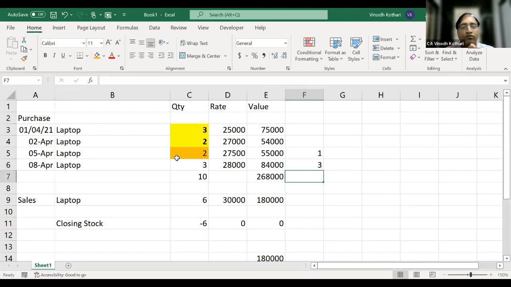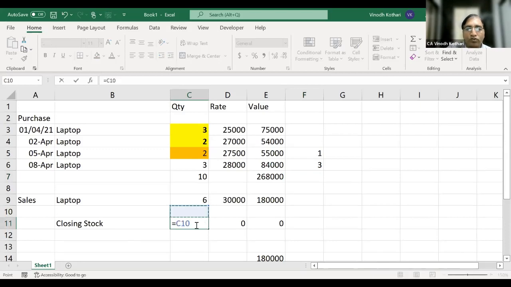So in effect, the first stock you purchased, you assume that it is sold. Then step by step you come down, and the balance stock is your stock in hand. And how do you calculate your closing stock value? Your closing stock comes to totally 4 laptops.